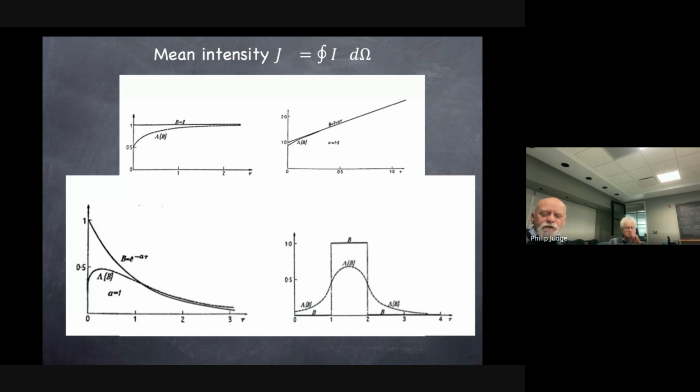So we've understood the structure of a stellar atmosphere to some degree here, at least in the radiative dominated area at the top of the atmosphere.